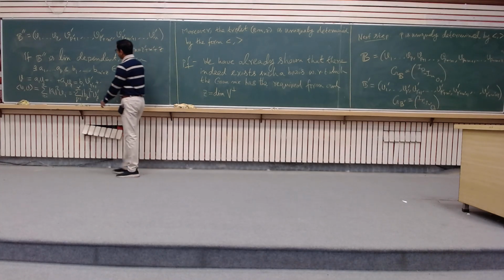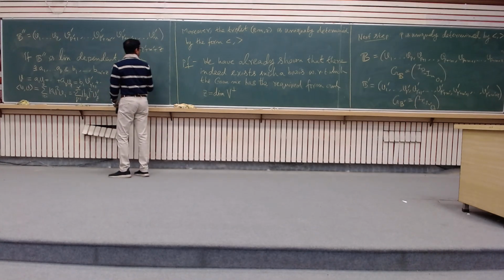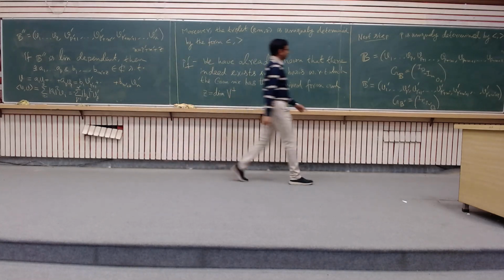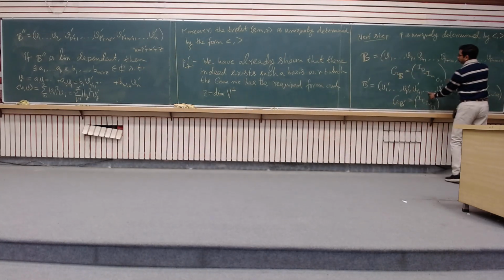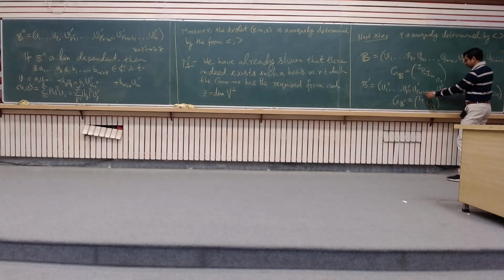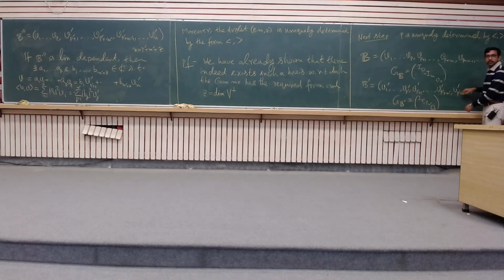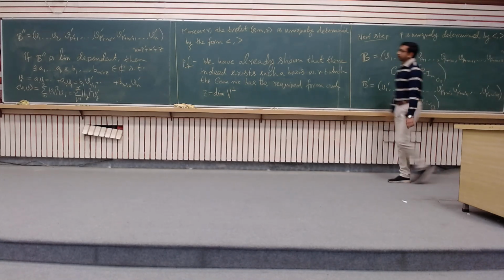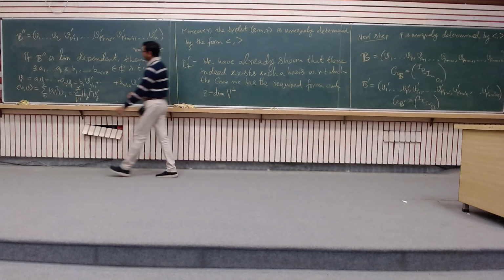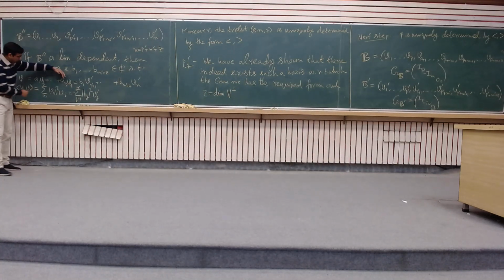Because here we are not using anywhere whether these ones are orthogonal to this or not. We are just using that they are orthogonal among themselves. So this is a part of the orthogonal basis v1 to vp, and that's why we are getting this one.